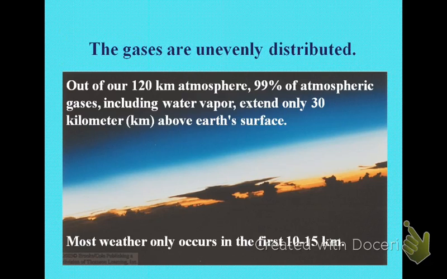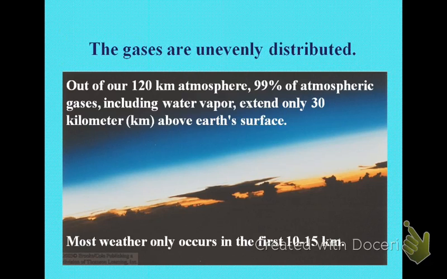Right. So gases, though, are unevenly distributed in the atmosphere. So yeah, you have 78% nitrogen, but they're not spread evenly as you go up in the air. Out of the 120 kilometers that we consider our Earth's atmosphere, so if you think about 120 kilometers, 99% of all of our atmospheric gases, including our water vapor, extend only 30 kilometers above the Earth's surface.